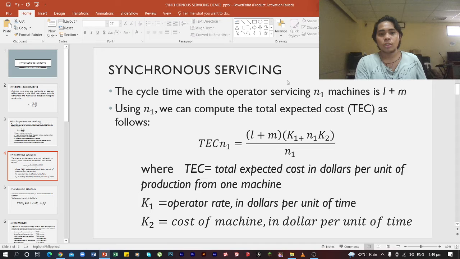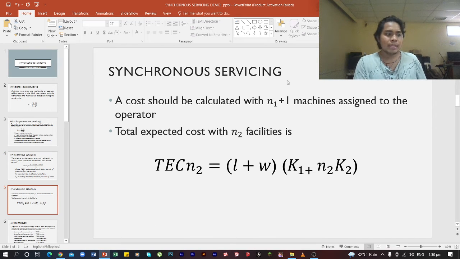The equation for TEC of N sub 1 equals the quantity (L plus M) times K sub 1 plus N sub 1 times K sub 2, over N sub 1, where TEC is the total expected cost in dollars per unit of production from one machine, K sub 1 is the operator rate in dollars per unit of time, and K sub 2 is the cost of machine in dollars per unit of time.